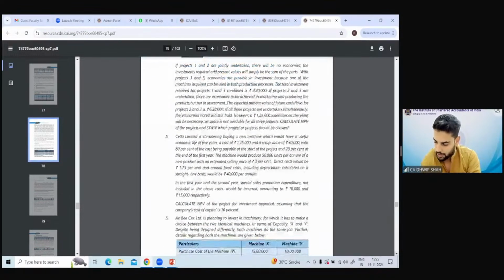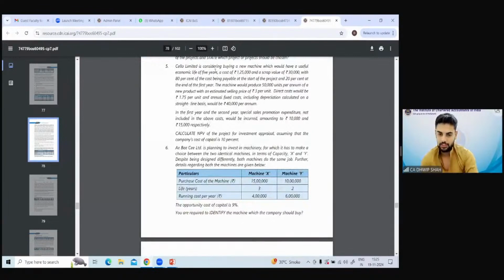So we were in question number 6. This is a mutually exclusive type question, means selecting the one means rejecting the others. Now, in this question, if you look carefully, they have not given any information or any facts on cash inflows that machine X or machine Y would be generating.